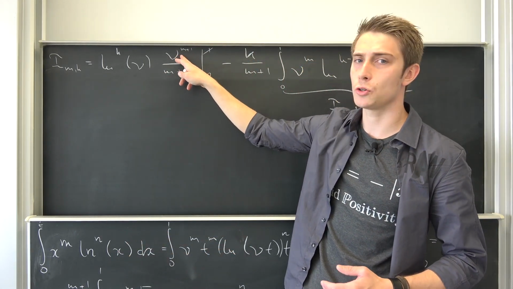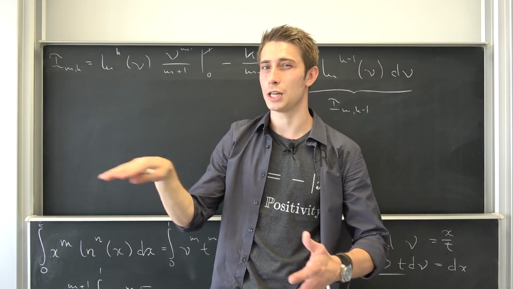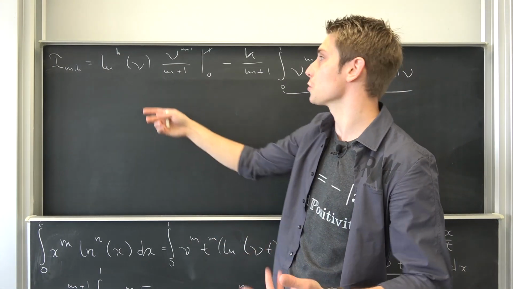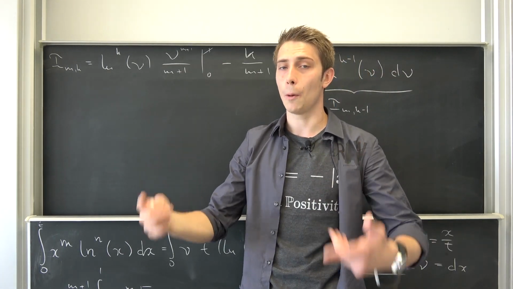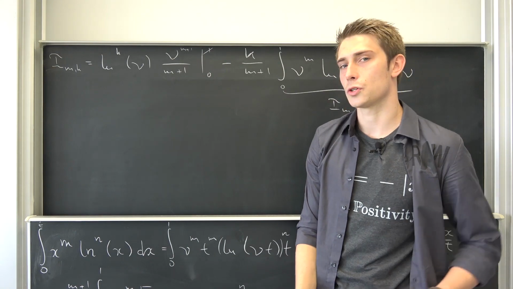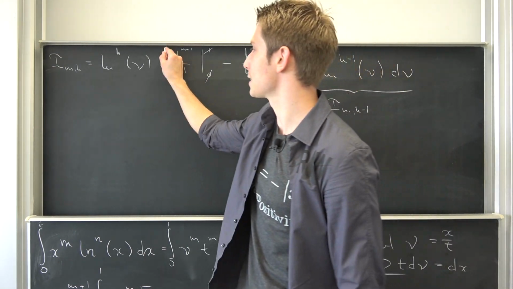Meaning our nu is going to approach 0 way faster than our natural log is going to approach infinity. So more formally, you can probably also expand this into a Taylor series, for example, or you can just do L'Hopital k iterations exactly. No matter what you do, you're going to arrive at the conclusion that this is going to vanish at the lower bound, meaning overall, this is going to vanish.